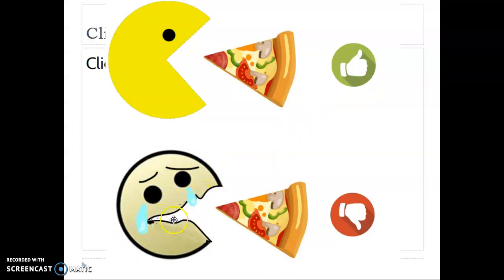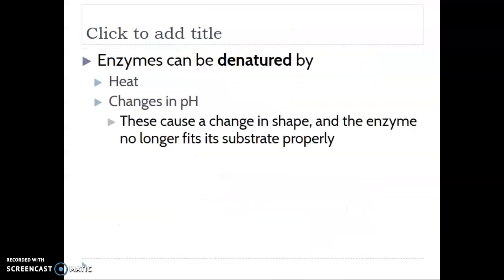He's going to get all wibbly looking, just like the actual enzyme would start to change the shape of its openings. Now the pizza can't fit anymore. Pac-Man can't work on it. Thumbs down. This is not a working enzyme. We would say that that one is denatured. So once again, denaturing is when you change the enzyme's shape and therefore it can no longer function. Two things that can do that are heat and a change in pH.